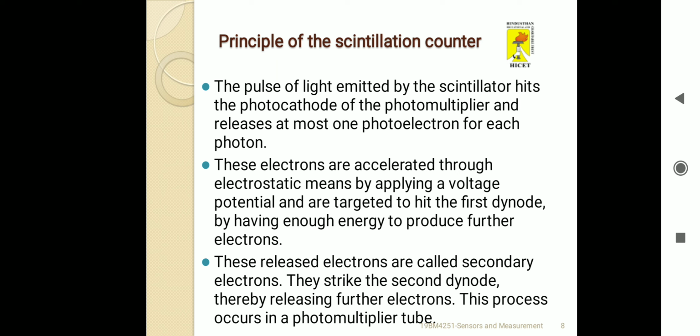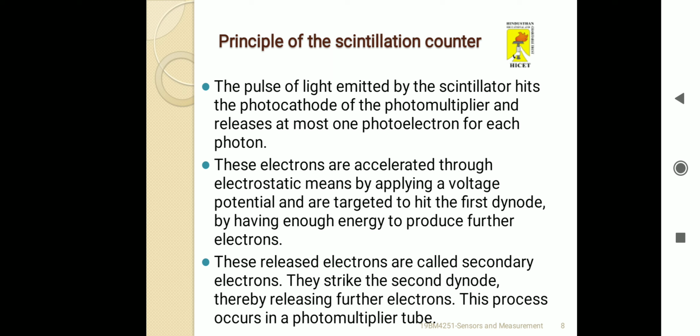The pulse of light emitted by the scintillator will hit the photocathode, which is placed in the photomultiplier tube. It releases at most one photoelectron for each photon.